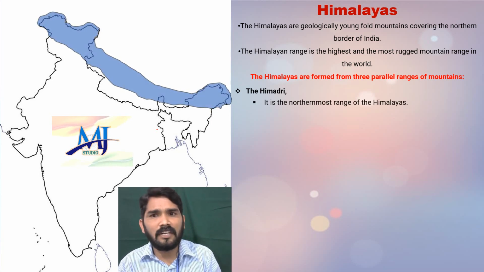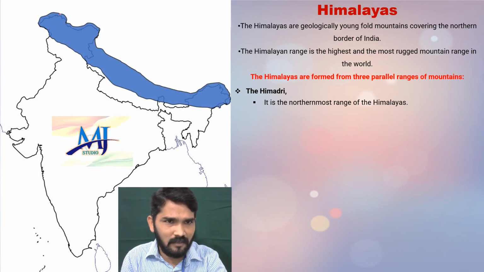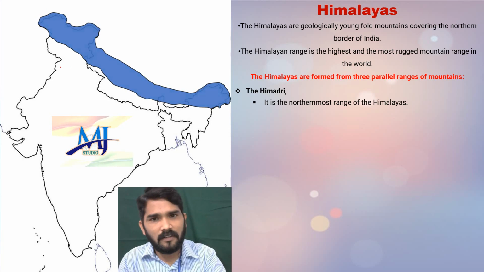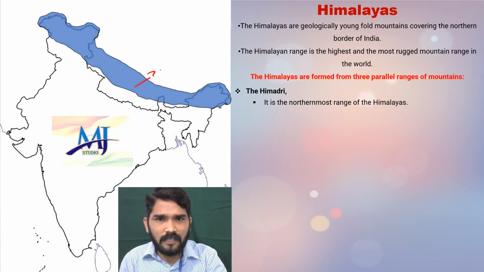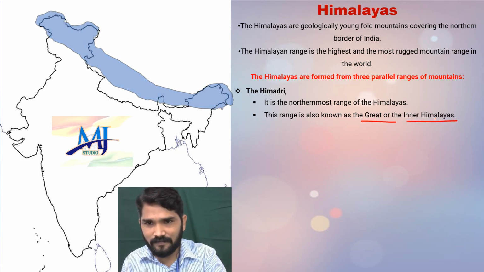Himadari is the northernmost range of the Himalayas. As you can see, this area, as it is blinking, this portion is called the Himadari. So please remember it, okay? And this range is also known as the Great or Inner Himalayas.